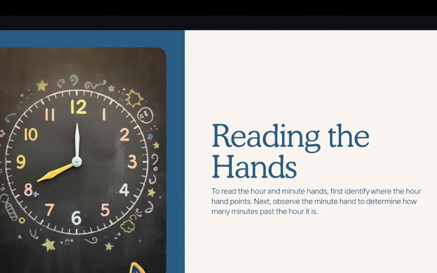So if the hour hand was between 3 and 4, and the minute hand is at 8, then the time would be 3:40. A helpful way to remember this is hour first, minutes second. So let's practice this idea together as we learn about minutes past the hour.